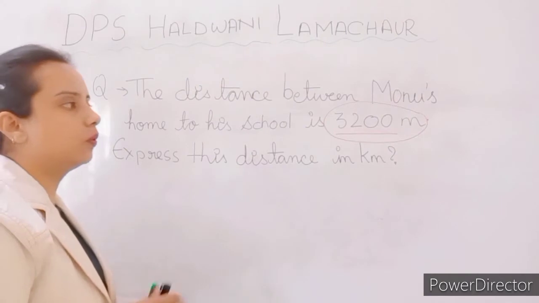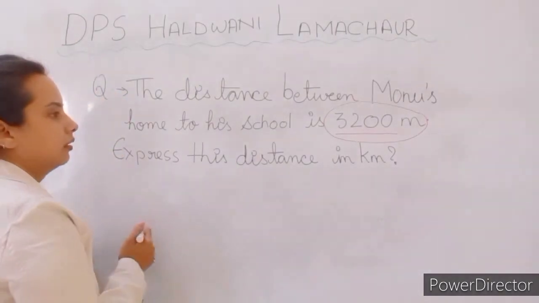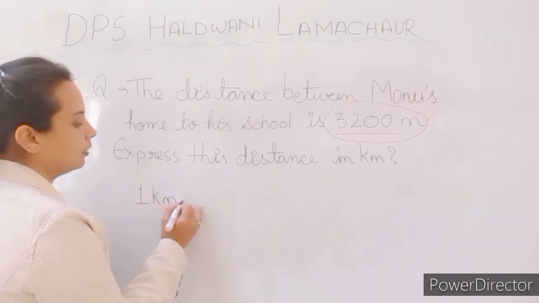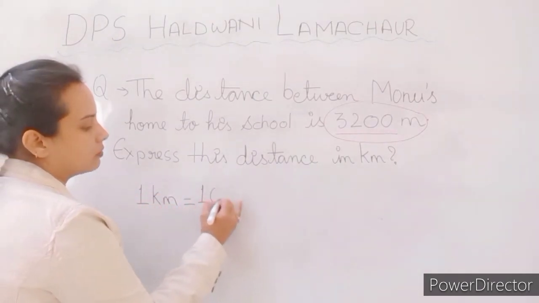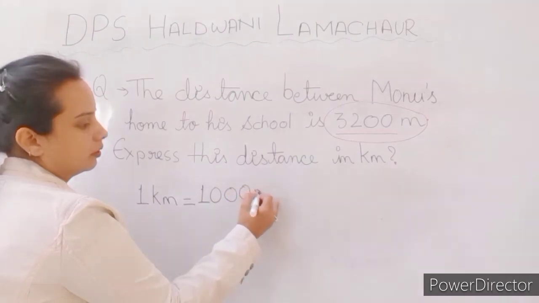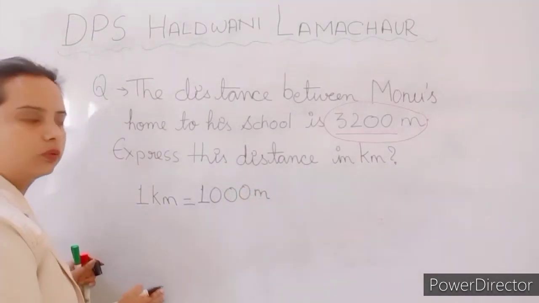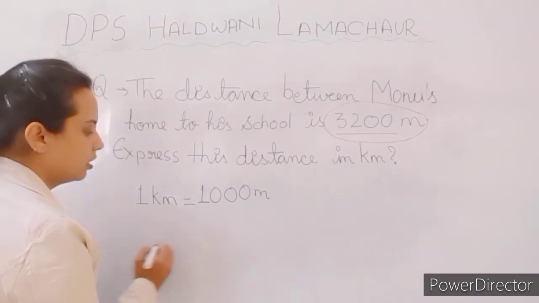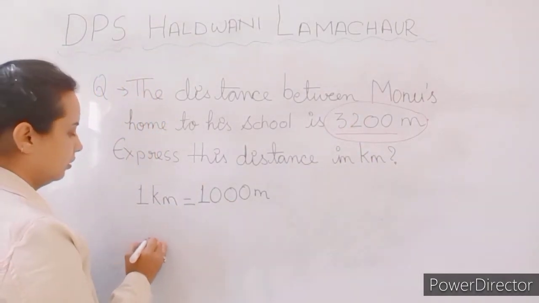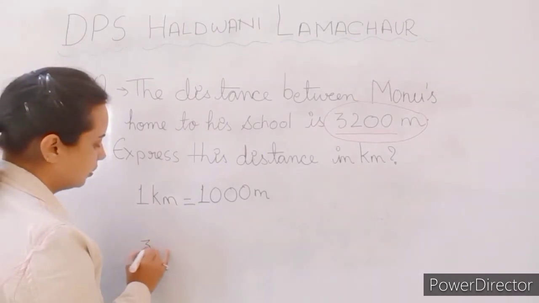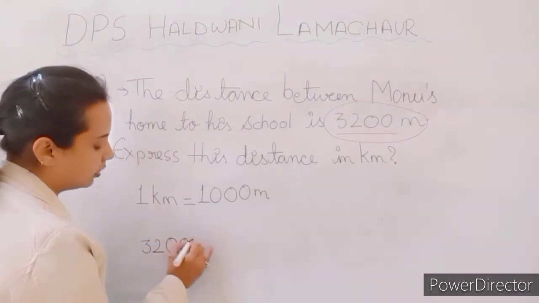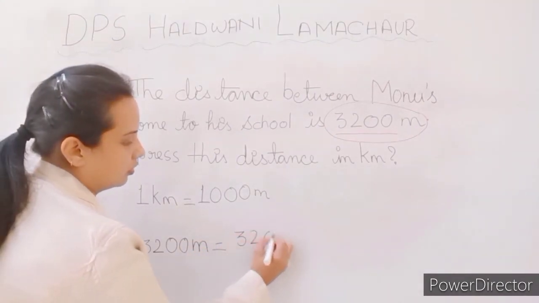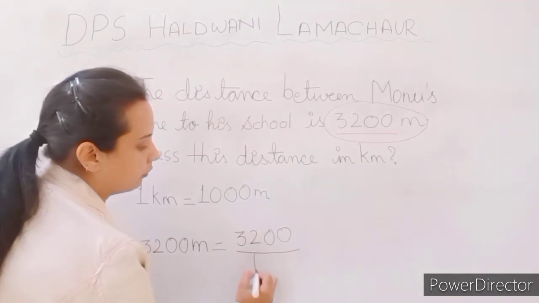Dear students, we know that in 1 kilometer there are 1000 meters. So what we will do is divide by it. 3200 meters is equal to 3200 upon 1000.